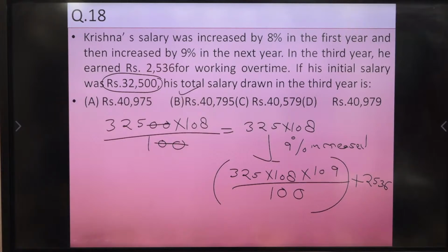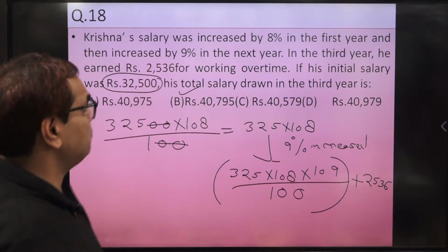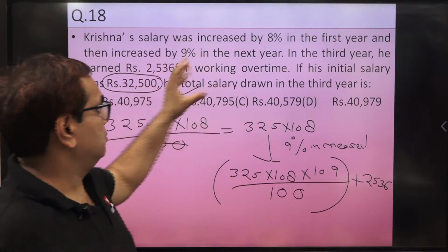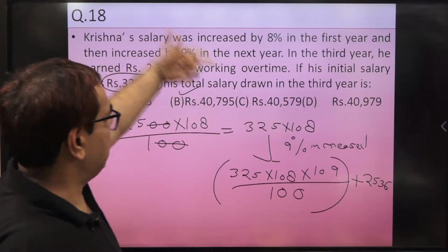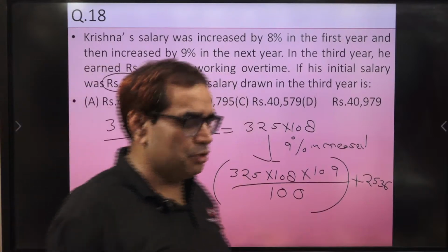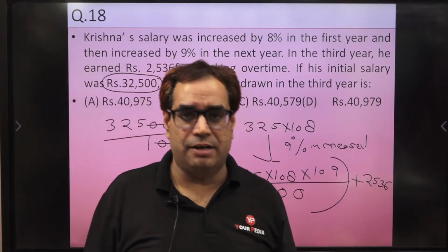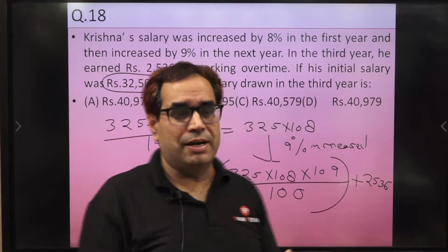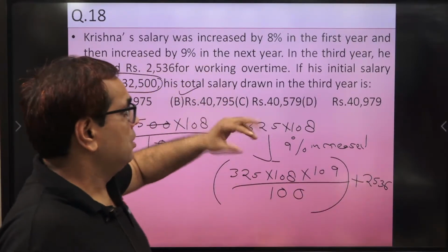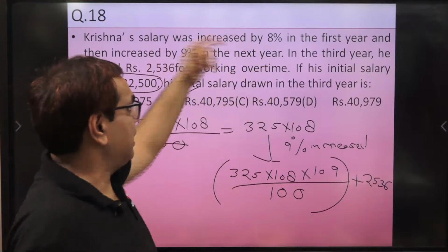Is this problem clear to all of you? It is a successive increment case. You can do one more thing. First, this quantity is increased by 8%. Then it is increased by 9%. So the overall increment is x plus y plus xy upon 100. So that concept you can also use. What is the overall increment, equivalent to a single increment of 8% and 9%?